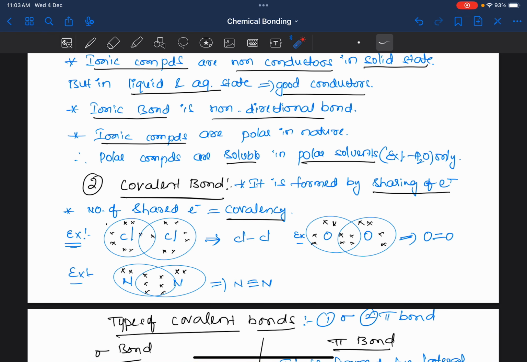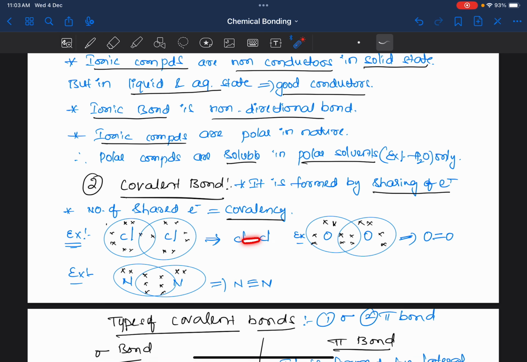Now see the examples. Here I have given three examples. First one is the chlorine molecule. In between these two chlorine atoms, a covalent bond is present.